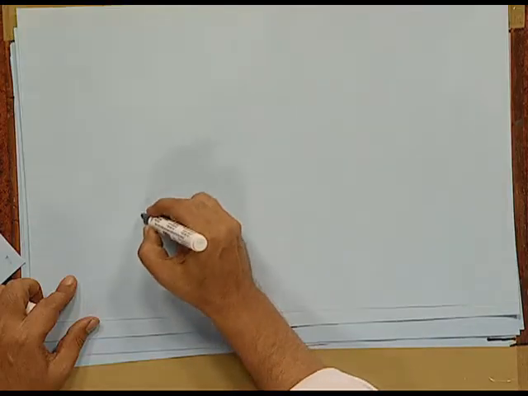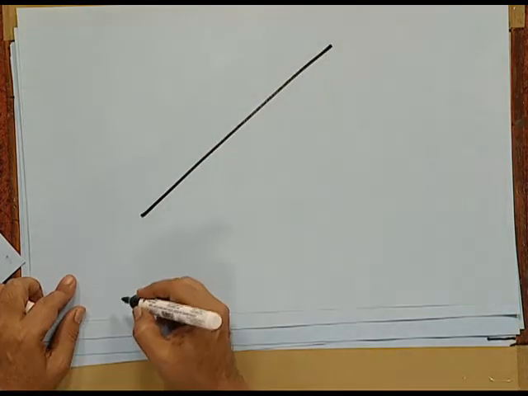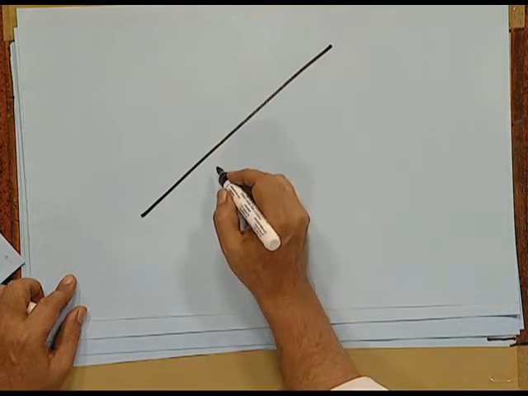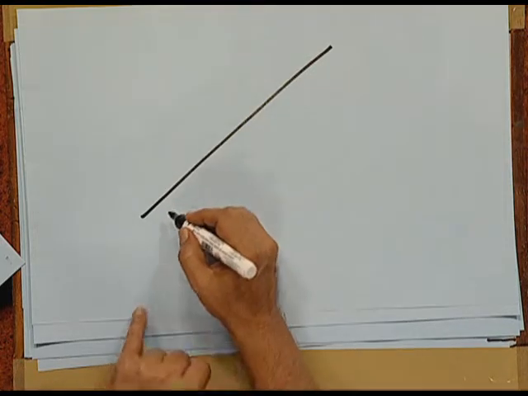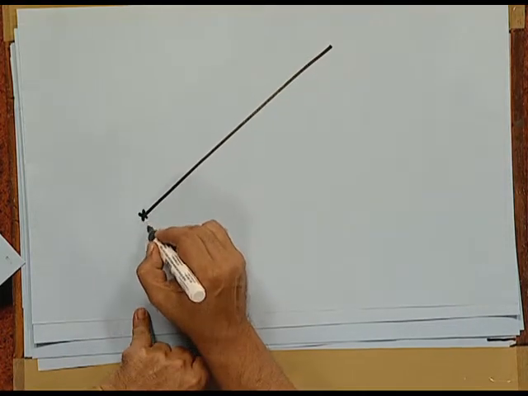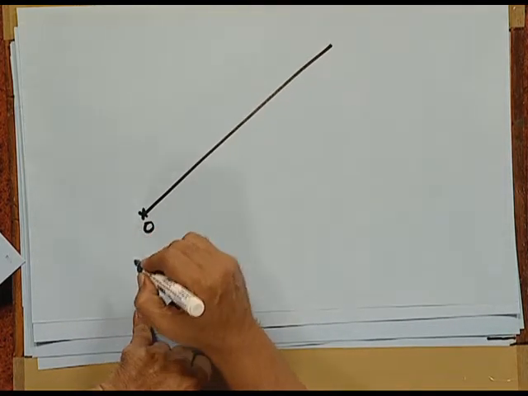Consider an object which moves along a straight path like this. Now, when we say that an object is moving, it means its position must be changing with time. To locate the position with reference to some object or some position, let us say we have the origin, which is represented by O in the figure.